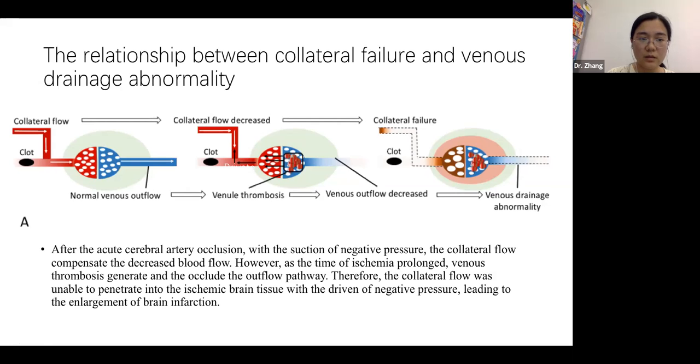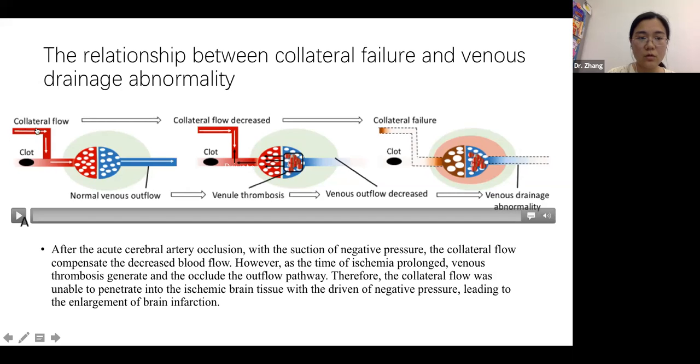At the beginning, the collateral flow may go the other way into the brain to bring blood flow to the brain tissue. And if there is a normal venous outflow, this brain tissue can be well provided with blood flow.